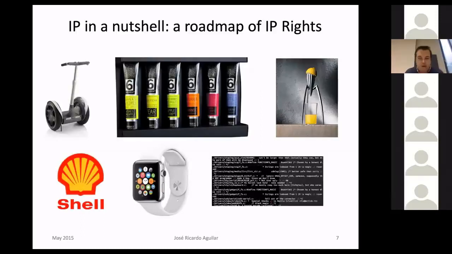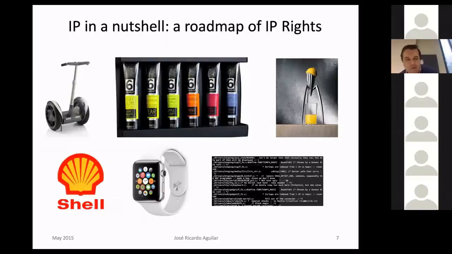So looking at those IP rights, we can use them to protect different things. And we have here a very wide range of examples. We have Segway. We have this very curious example in the middle, in the top, so top middle, which is jelly, which is packed in something that reminds the paintings, so the oils for paintings.